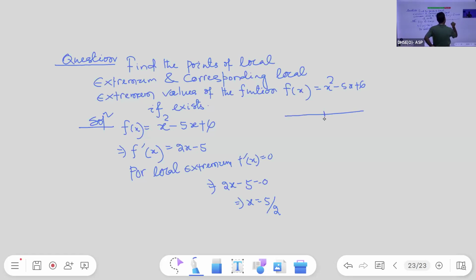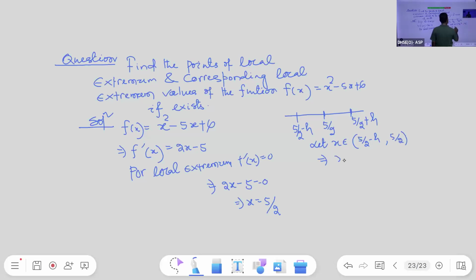Now we have to find the sign of f dash x in the left neighborhood of the point 5 by 2 and in the right neighborhood of the point 5 by 2. Let x belong to 5 by 2 minus h to 5 by 2.